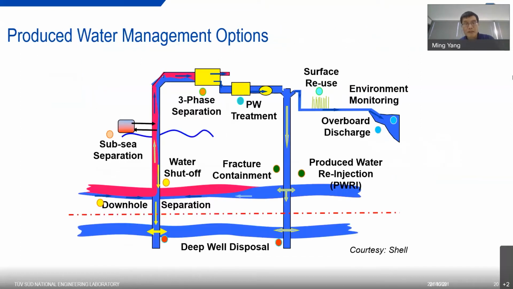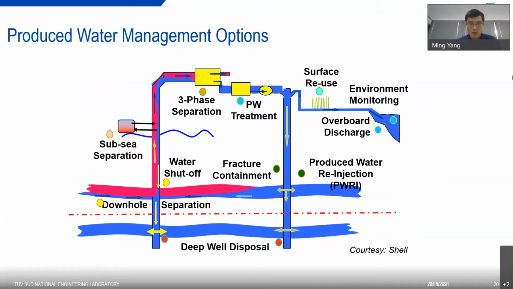Now, to understand the management options, let's look at a schematic. Just imagine red is oil and gas and blue represents water. Obviously, from the operator's point of view, you want just the oil and the gas, not the water. So the question you should ask is, can you do something at the reservoir level to stop water getting into the bottom hole?